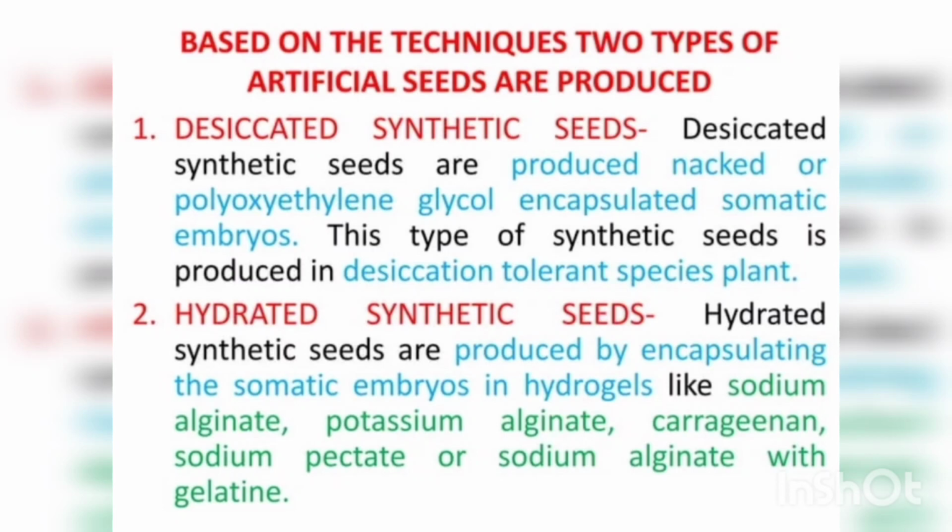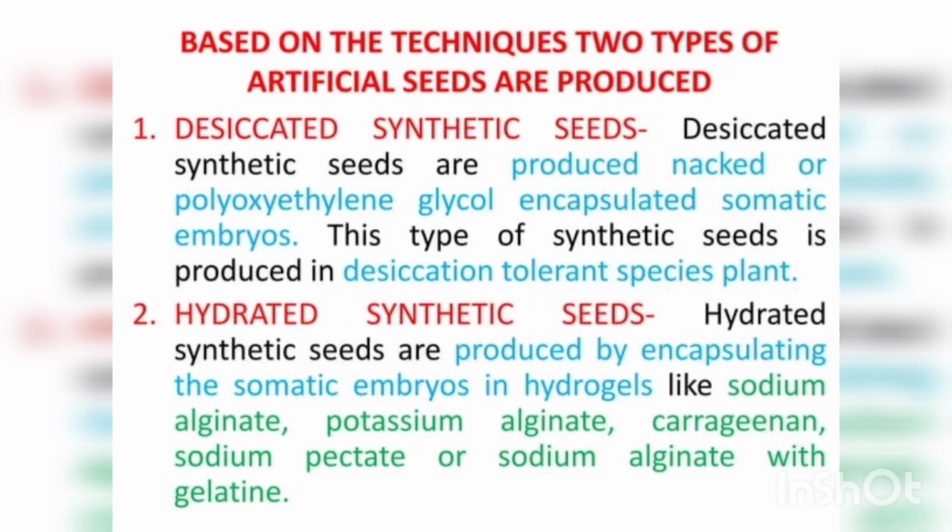Based on the techniques, two types of artificial seeds are produced. One is desiccated synthetic seeds. Here, they are produced naked, that is, they are not encapsulated in any medium. Next is hydrated synthetic seeds. They are produced by encapsulating the somatic embryos in substances like hydrogels, such as sodium alginate, potassium alginate, carrageenan, sodium pectate or sodium alginate with gelatin.